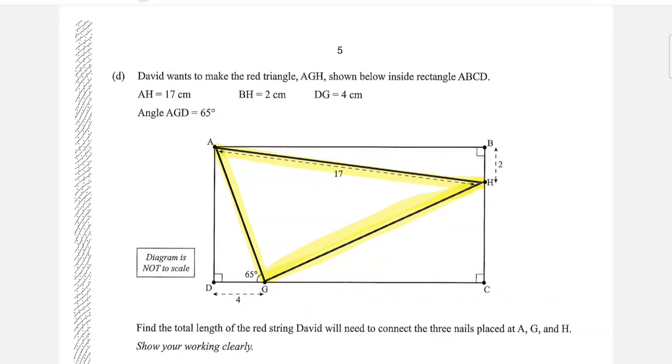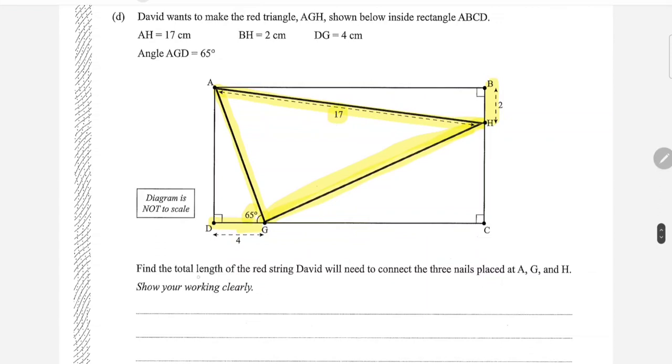AH is 17 centimeters. BH is 2 centimeters. DG is 4 centimeters. And one of the angles is 65 degrees. Find the total length of red string David will need to connect the 3 nails AGH.